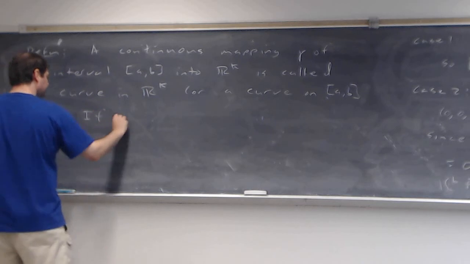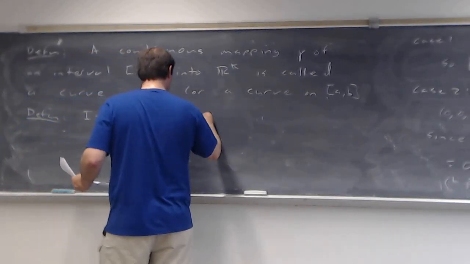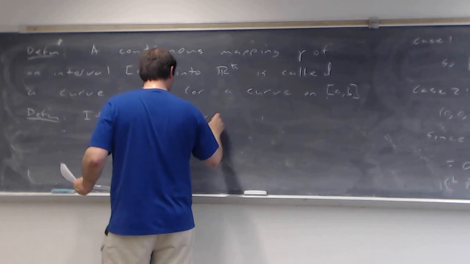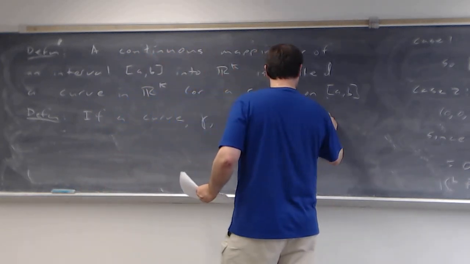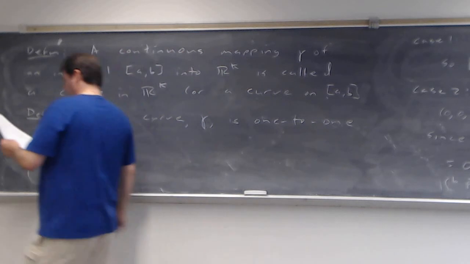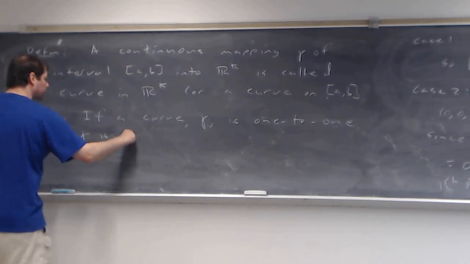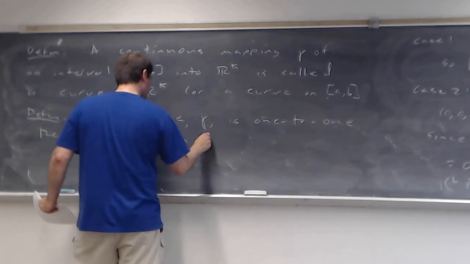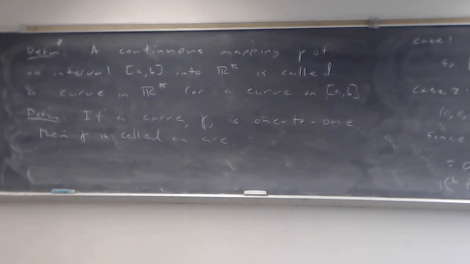If a curve gamma is 1-to-1, then gamma is called an arc. That's a particular type of curve.